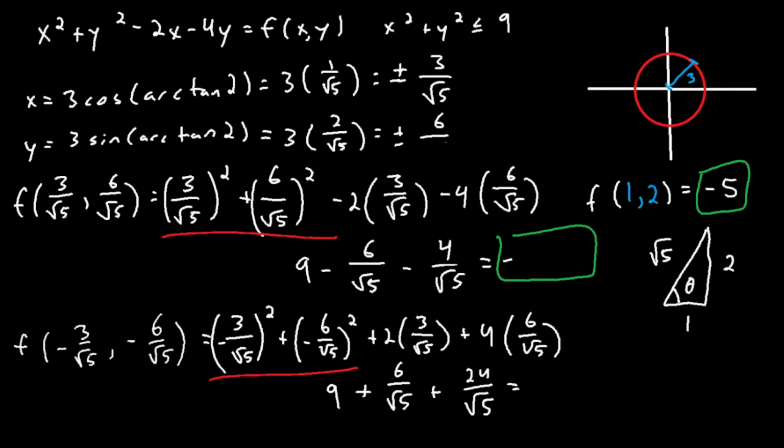This is negative 4.42, and then the other guy, this guy, is 22.42.